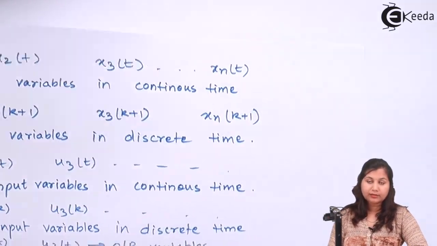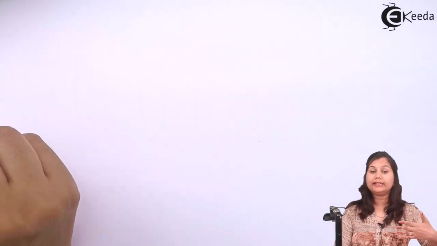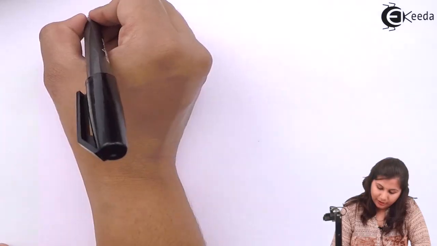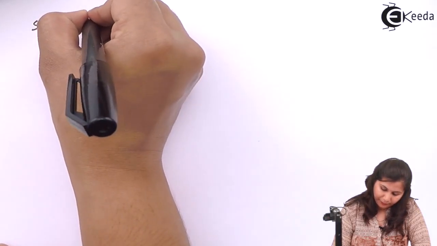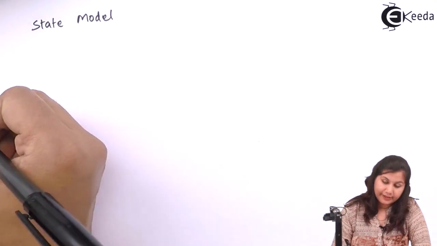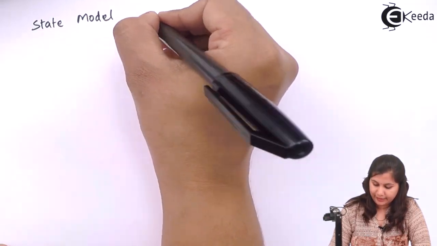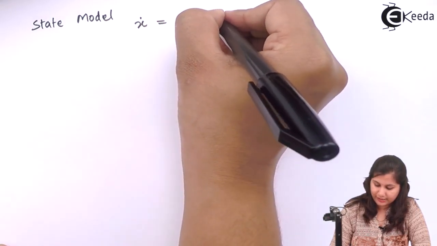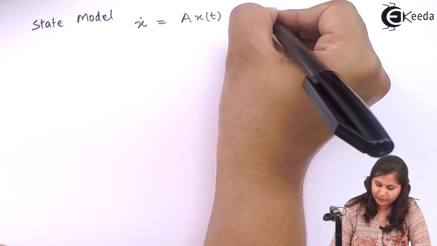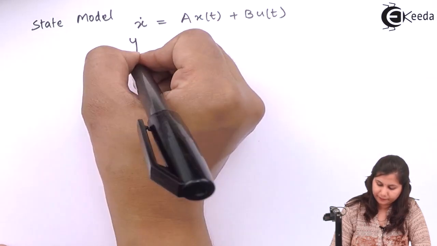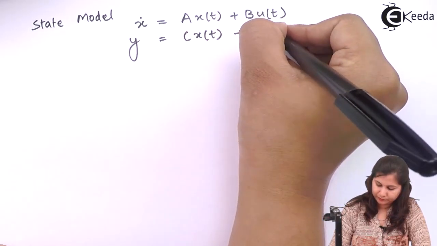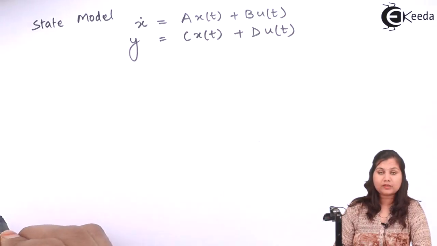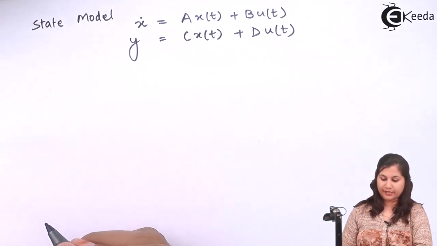Now comes the state model. In continuous time domain, the state model is represented like x dot equals A x(t) plus B u(t). This was the state model in continuous time.